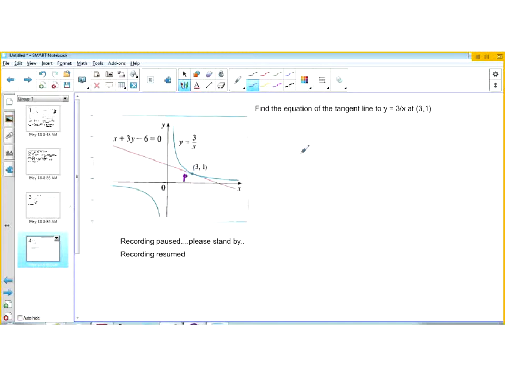All right, and so the equation then would be y minus 1 is equal to the slope of the tangent line times x minus 3. And this time we're going to calculate the slope of the tangent line based on the limit of the difference quotient.